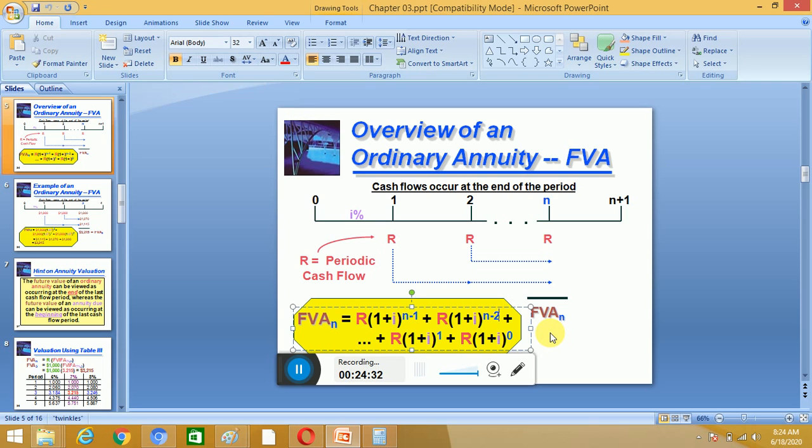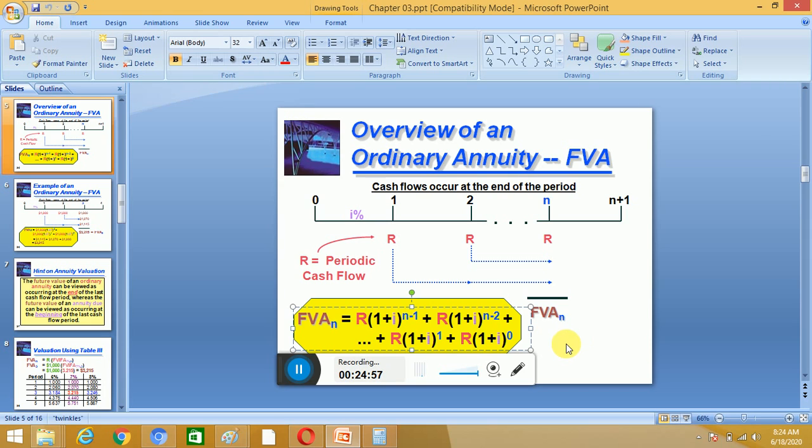I explained it in the table, and I told you that if the number of years increases, suppose n is 20, it will be 20 minus 1, 20 minus 2, 20 minus 3, and so on up to 20 minus 20. The calculation will become complicated.